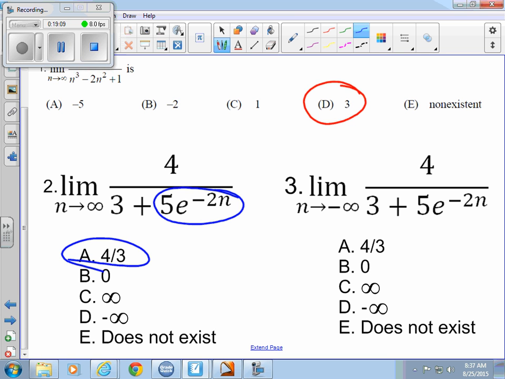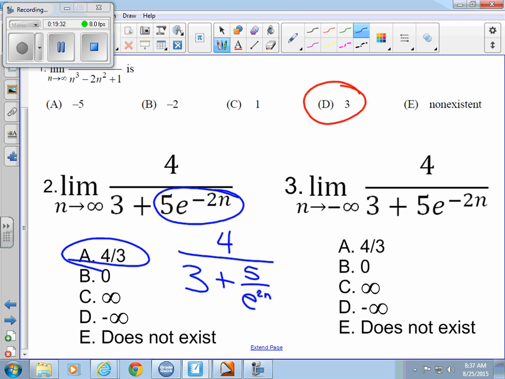Good question. Can I just flip it and put it on top? If I wanted to do that, and it's not a bad thought, it's a little more work than just thinking it through. If you want to do that, you do have to do a common denominator to be able to flip it and put it on top.